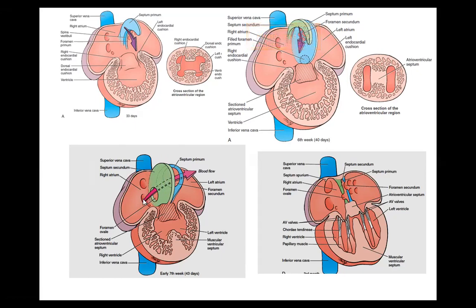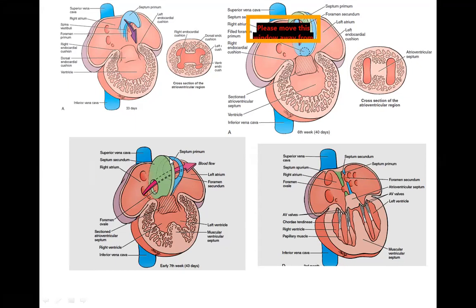So there is a formation of an oblique passage, and only after birth this oblique cleft is closed, and there is a formation of the limbus fossa ovalis contributed by septum primum. The atrial septum is mainly contributed by septum secundum.